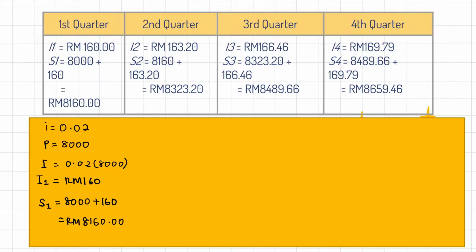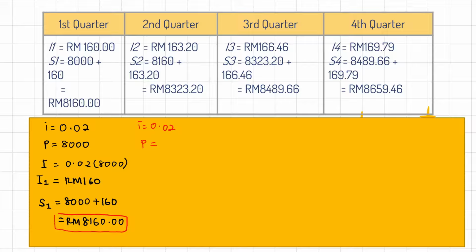And then for the second quarter, we have I is 0.02. How about P? In order to calculate the second quarter, we need to use 8,160 because the interest that we get in the first quarter will be reinvested together with the value of principal that we deposit in the account.